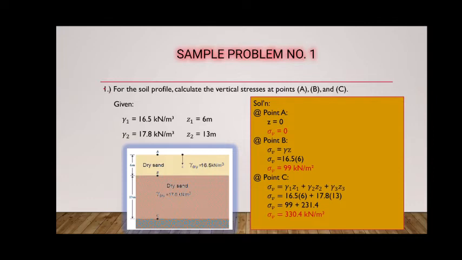If we add that, we have our final answer of vertical stress equal to 330.4 kilonewton per meter squared. So we have our answers at point A, point B, and point C.